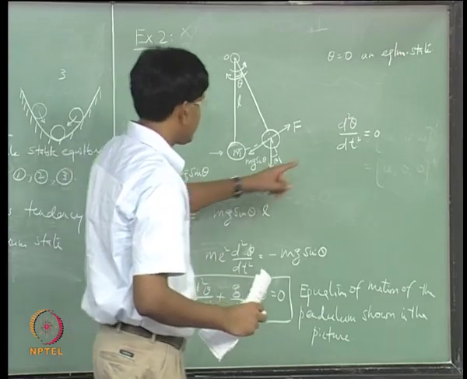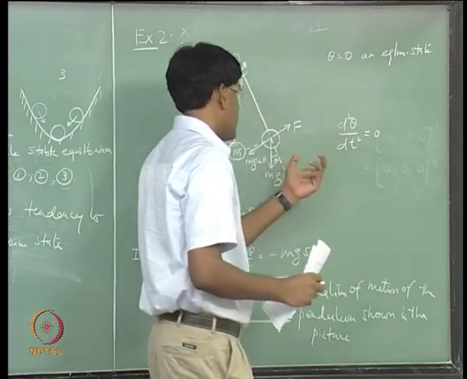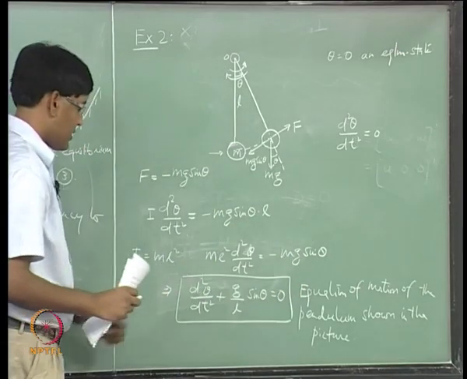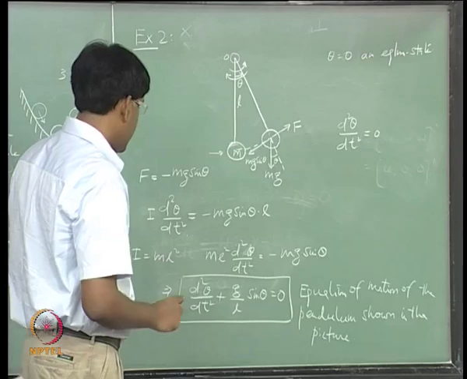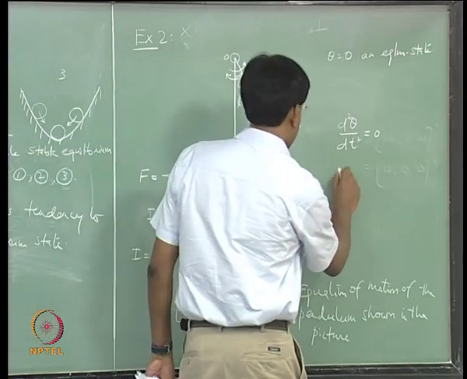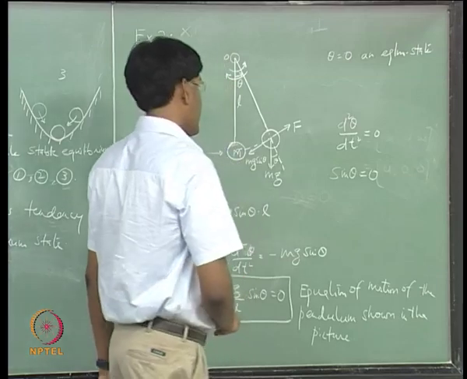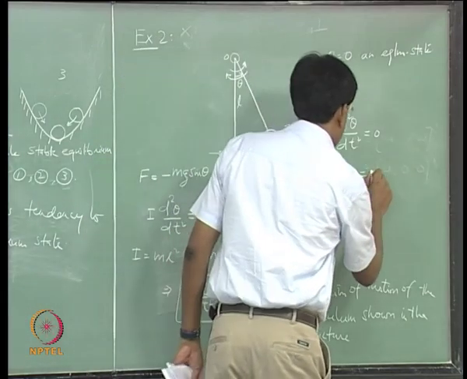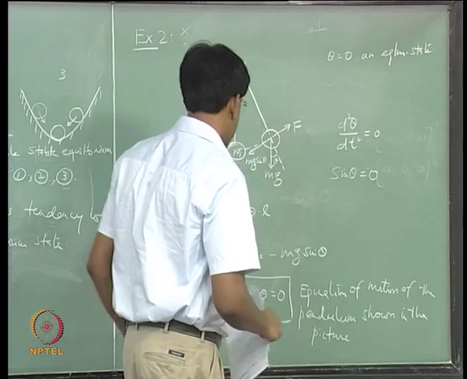This rate of change of any variable with respect to time being 0 is another definition of an equilibrium state. So, in this case, the equilibrium state is the result of this equation.